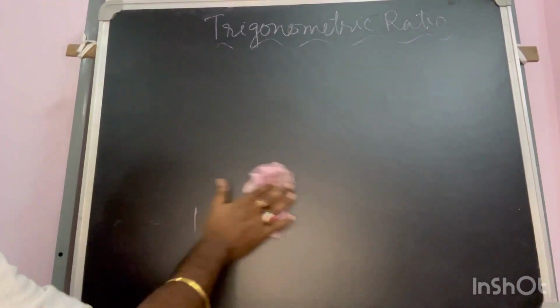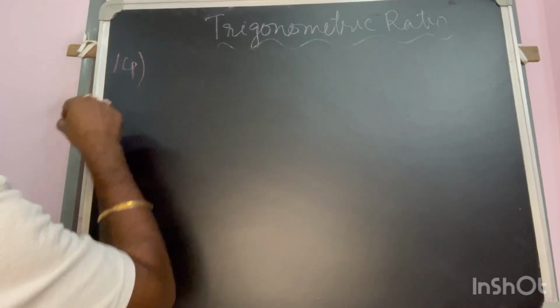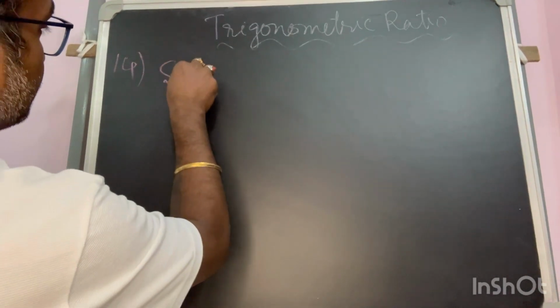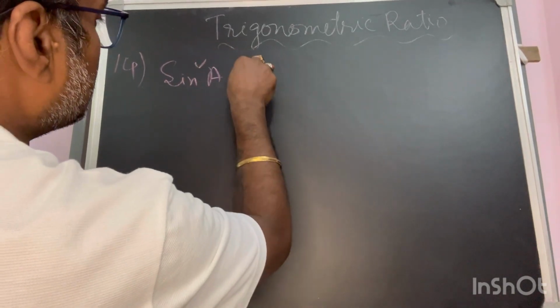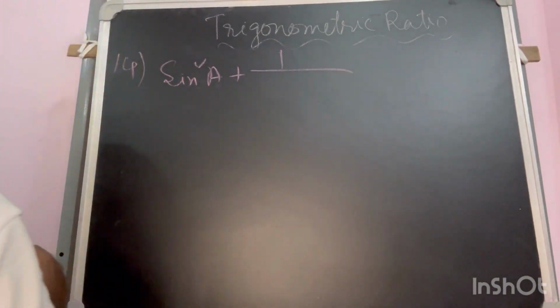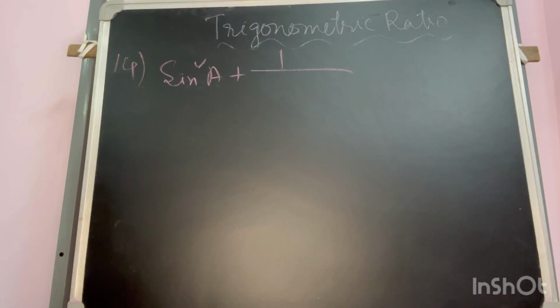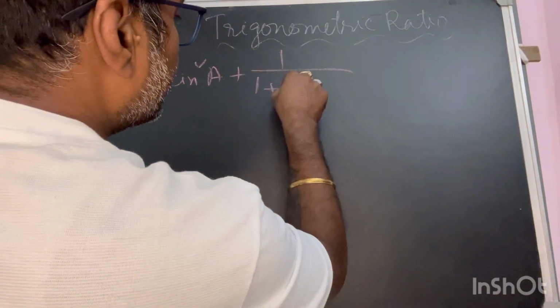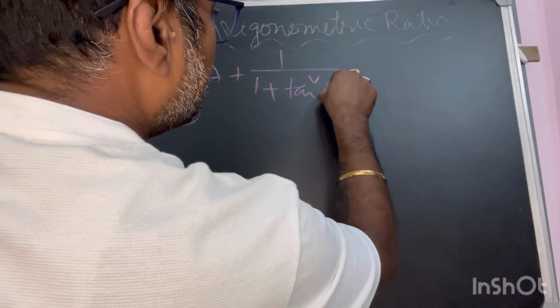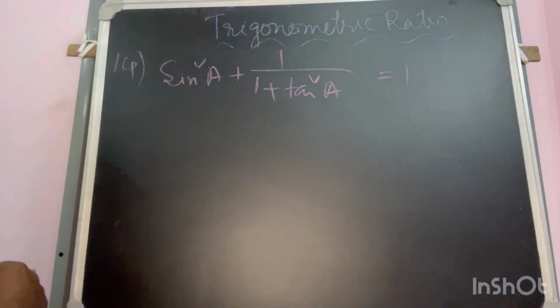So this is 13. Moving to problem number 14. It is a similar problem, but it has been given in the form of sine this time. Sine square a plus 1 by 1 plus tan square a is equal to 1, prove.